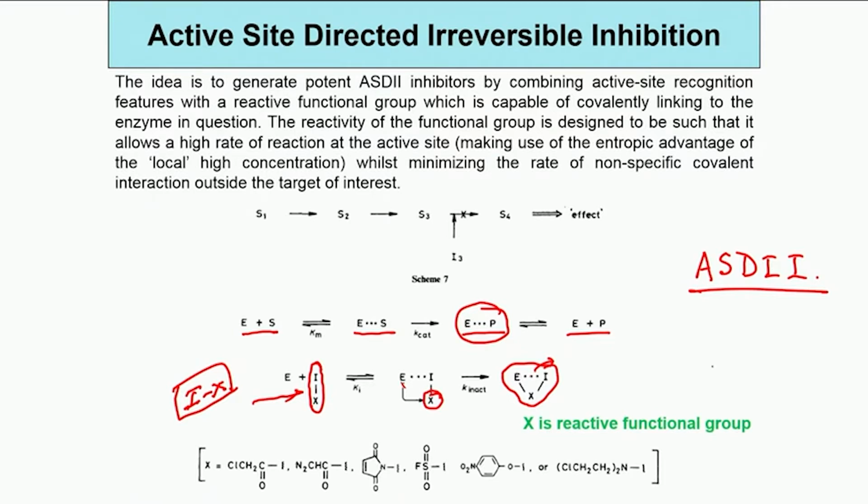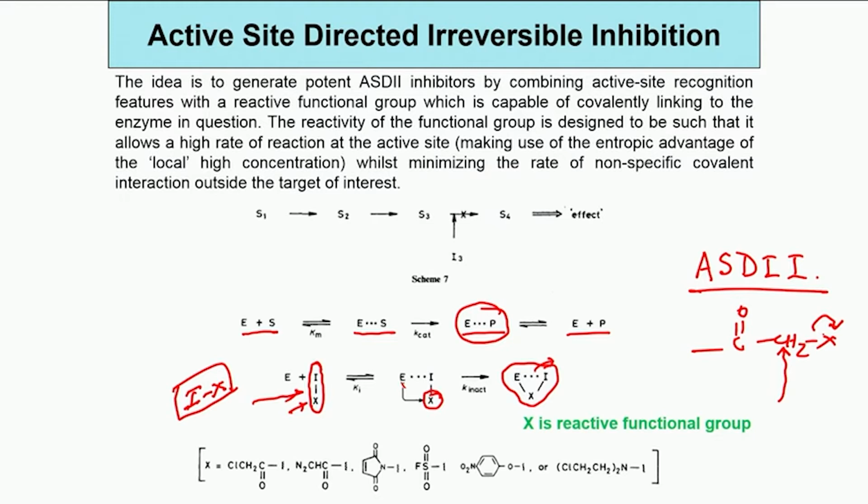What are some of the examples? Some examples are like this: a carbon with a leaving group attached, adjacent to a carbonyl, like CO-CH2-X. From organic chemistry we know that for any leaving group attached to a carbon adjacent to a carbonyl, the rate of SN2 displacement is very high, because this is a very reactive system.